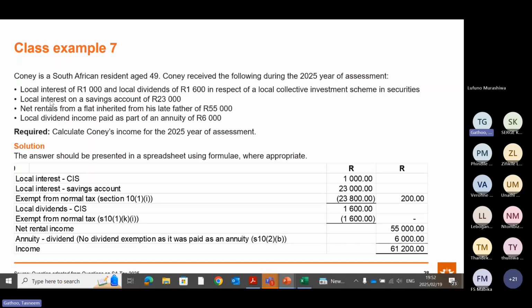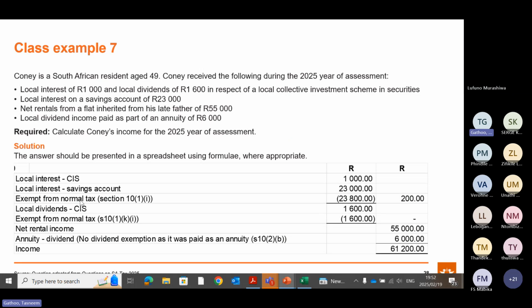So the first thing is your local interest of 1,000 will be added to your gross income, and then you will have local interest from a savings account of 23,000. That's included here. He is 49 years old, so therefore, as a resident, he is entitled to an exemption of 23,800 because he's under the age of 49.